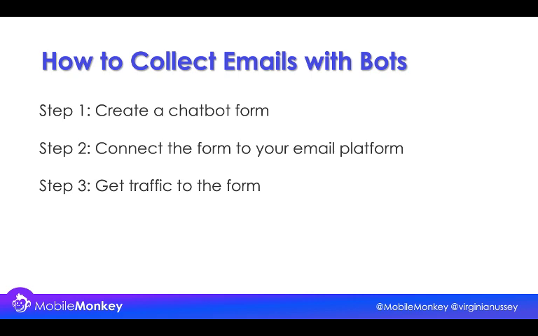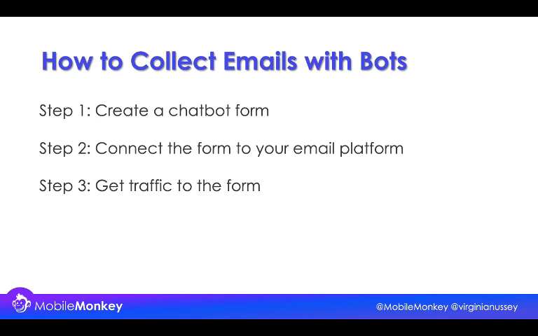The next step is to connect the form to your email platform. We'll use Zapier, which is basically the glue of the internet. If you're not familiar with Zapier, it's nothing to be scared of. We can actually do the setup today, so that you can see soup to nuts how to set up the chatbot funnel when you're collecting your emails with your bots.